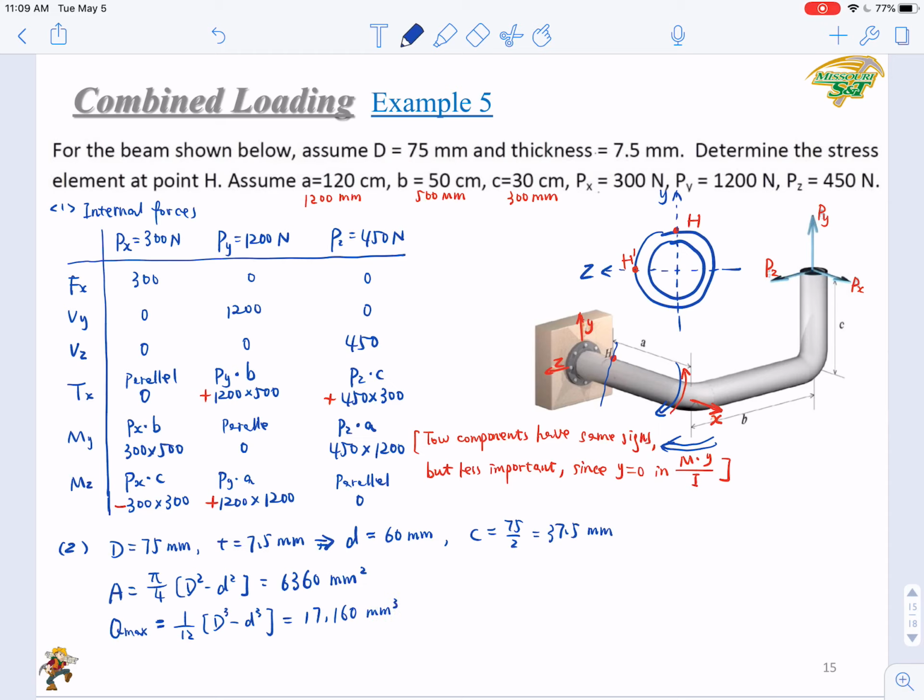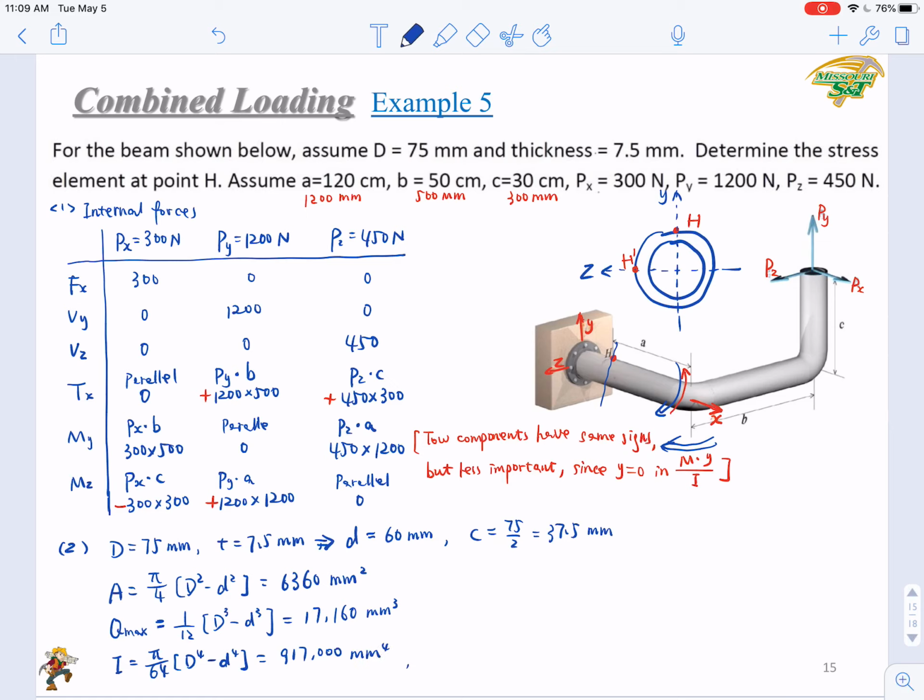Then we also need to determine the I value, the moment of inertia. That will be pi over 64 times D to the fourth minus d to the fourth. This will be 917,000.